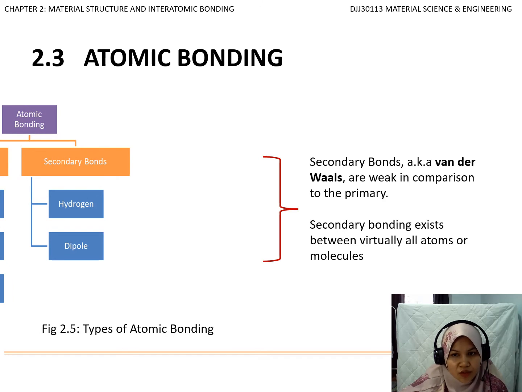Secondary bonds or van der Waals are weak in comparison to the primary. Maksudnya secondary bonds ni ikatan dia sangat lemah berbanding dengan primary bonds. So secondary bonding exists between virtually all atoms or molecules.